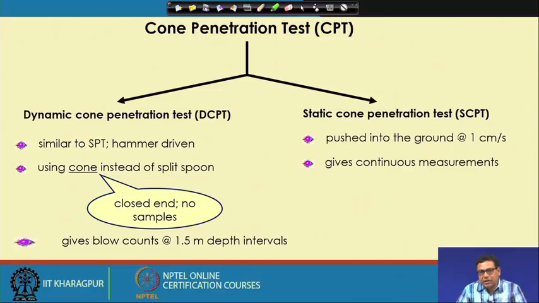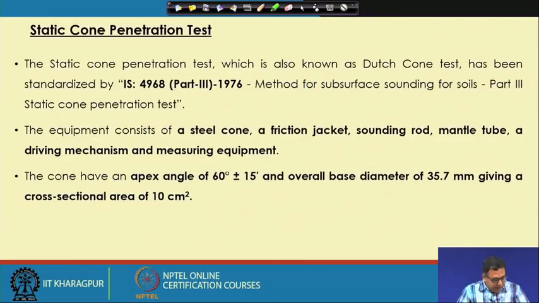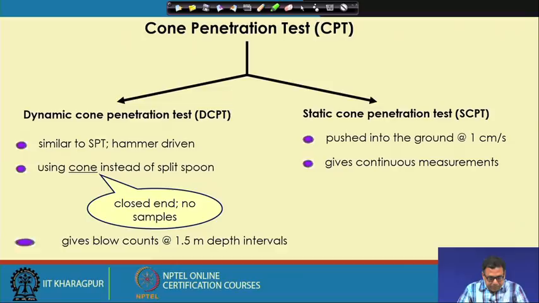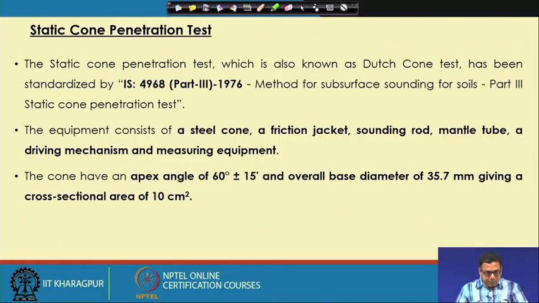We push it into the soil at a particular rate, here 1 centimeter per second. Another difference is that we are continuously measuring the data, so you will get a continuous measurement in the case of SCPT. First I will discuss the SCPT, then I will go for the DCPT.